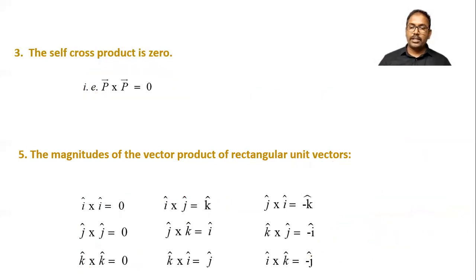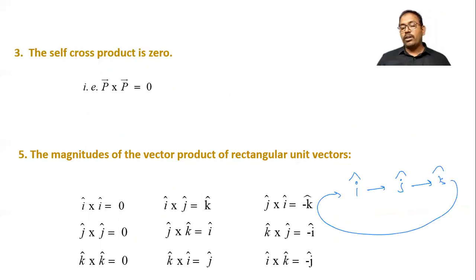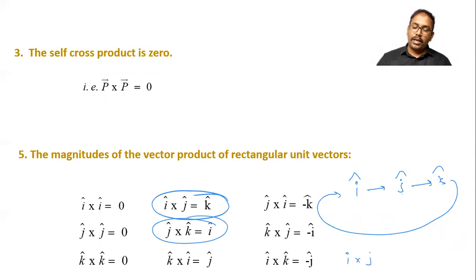Or you can remember the same property like this. You remember the sequence I, j, k, and again I. If it is in the order of I, j, k, and again I, then it is positive. So see here, I cap cross j cap is k cap. Then j cap cross k cap is I cap. Then k to I, j cap.